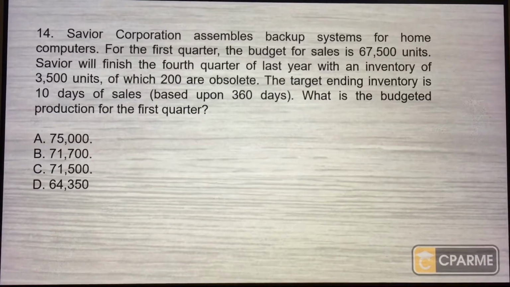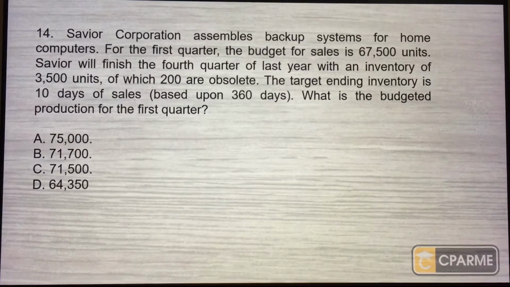For the first quarter, the budget for sales is 67,500 units. Xavier will finish the fourth quarter of last year with an inventory of 3,500 units, of which 200 are obsolete. So these 200 units are obsolete and cannot be used to manufacture any good.